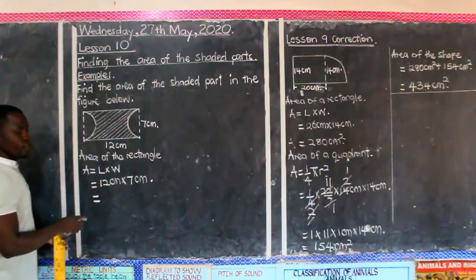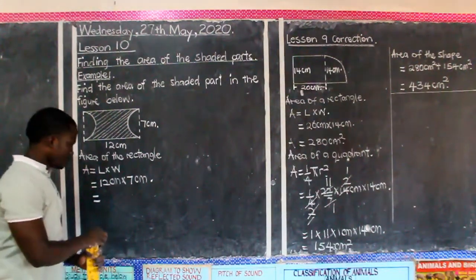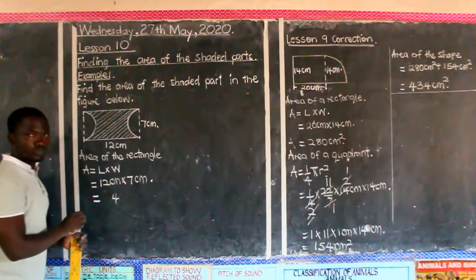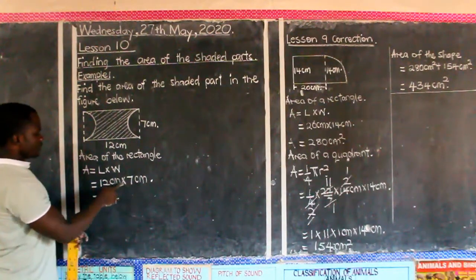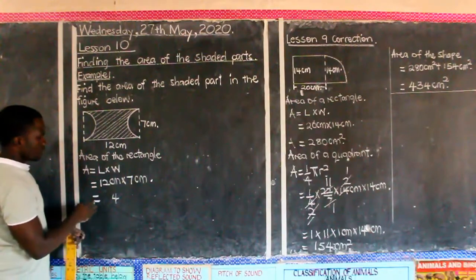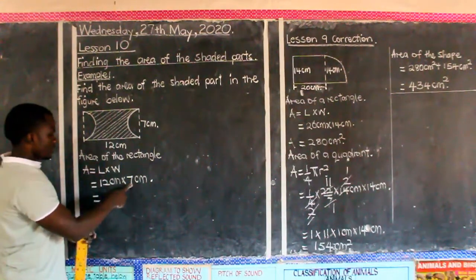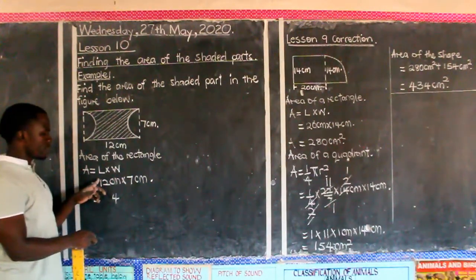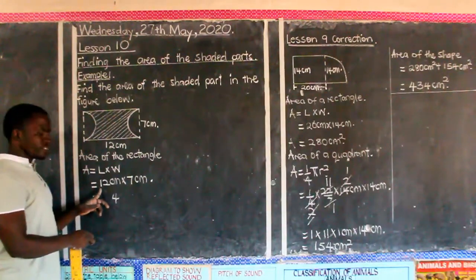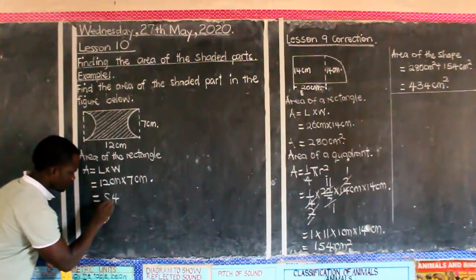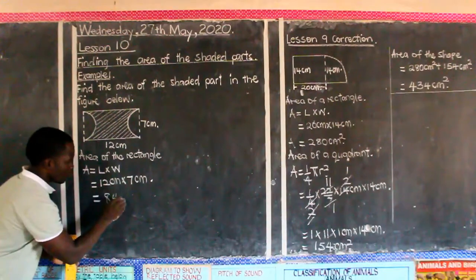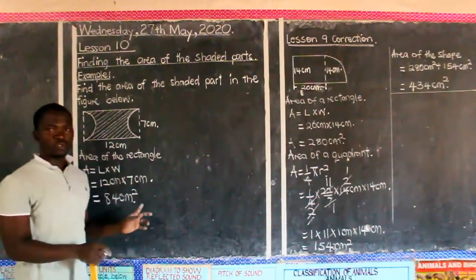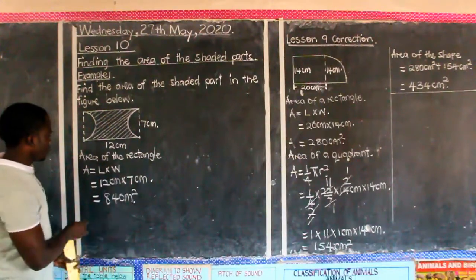When you multiply 12 times 7, 7 times 2, we shall have 14. Write 4 and carry 1. 7 times 1 is 7, plus 1 is 8. So we shall have 84 square centimeters. So this is the area of the rectangle.